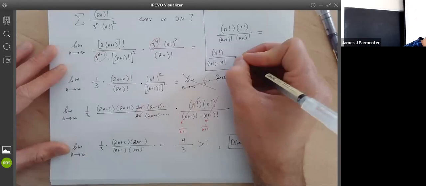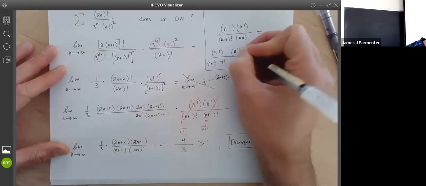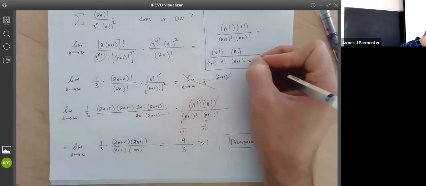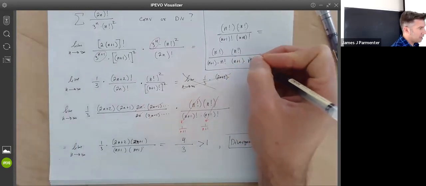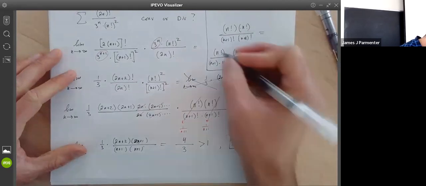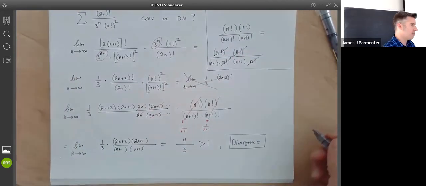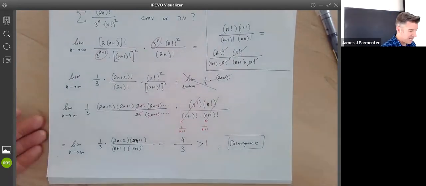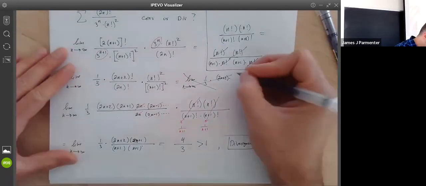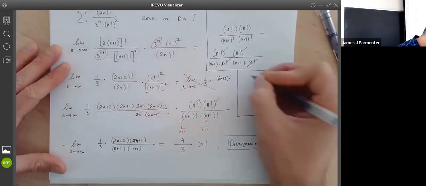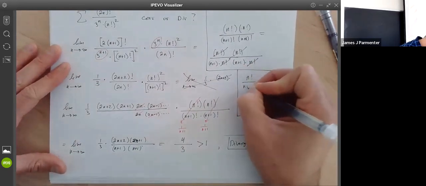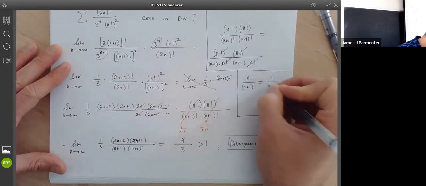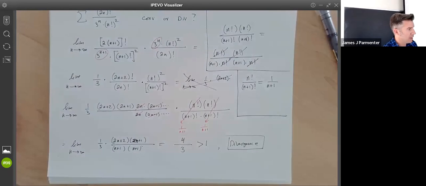And then we have it again. n plus 1 factorial is n plus 1 times n times n minus 1 times n minus 2 all the way down. And so those cancel and those cancel. We're left with an n plus 1 times n plus 1 at the bottom. But yeah, this type of canceling happens a lot. So I want you all to be very, very comfortable with saying that this is true. n plus 1 times n factorial divided by n plus 1 factorial is just 1 over n plus 1. Happens a lot.